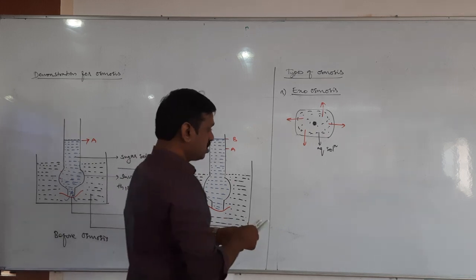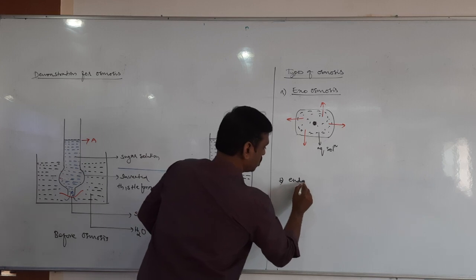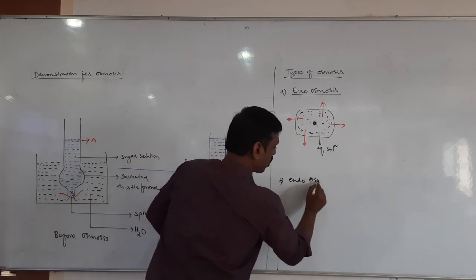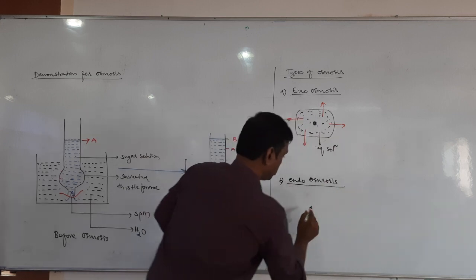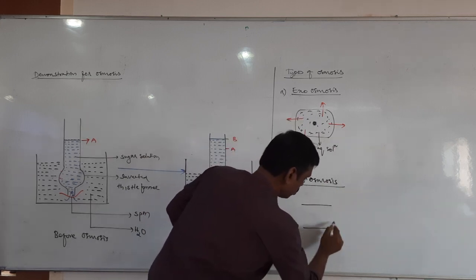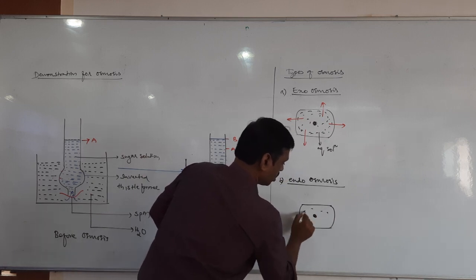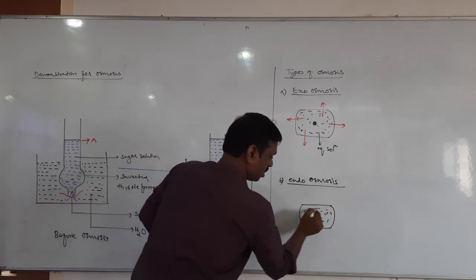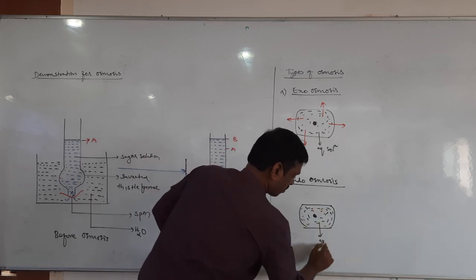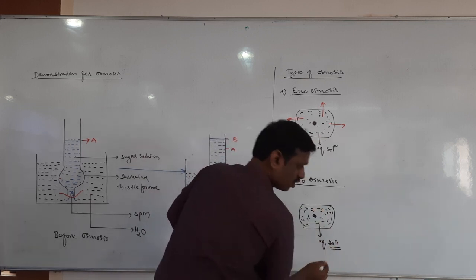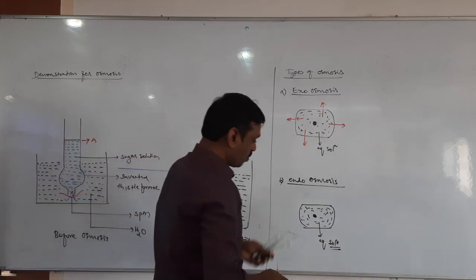Then we have another type, endoosmosis. So what is endoosmosis? It is quite opposite. It is a cell containing aqueous solution. The cell has cell organs and all. It is cytoplasm, but here we say aqueous solution.